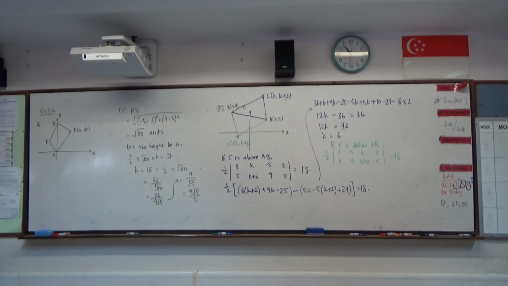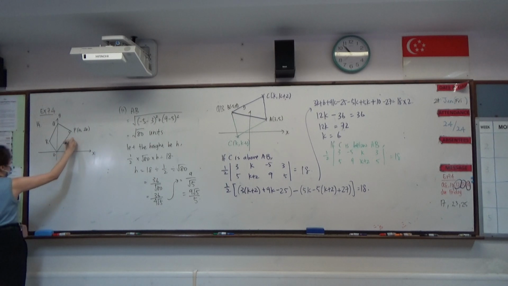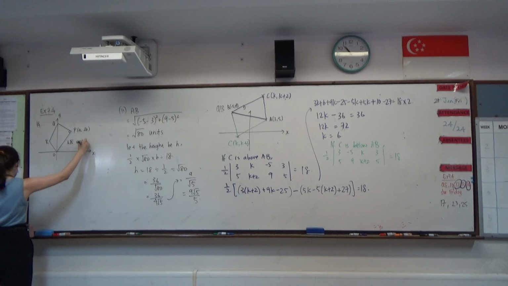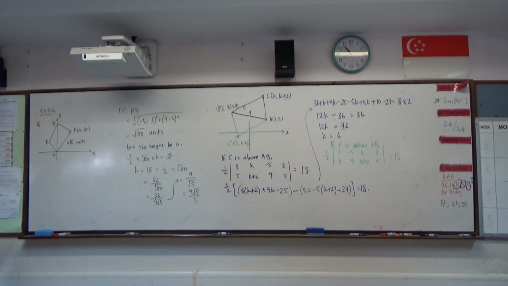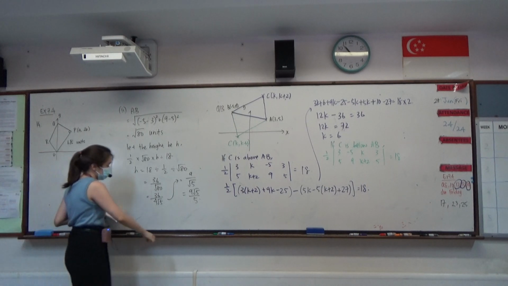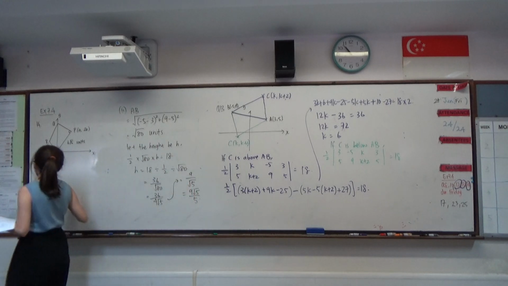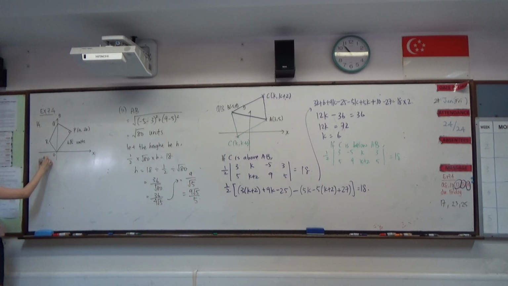Quadrilateral OPQR. The coordinates of P are given. The length of OP is actually 6 square root 5 units. Okay, we want to show that A is actually equal to 6. Since we're given the length here, we can use the length of line segment formula, because O is actually the origin 0, 0.